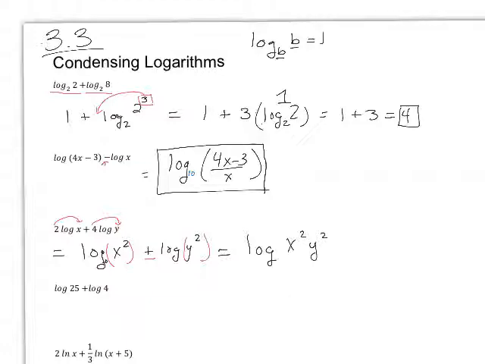Oops, I got ahead of myself here. That's not y squared, that actually should be y to the fourth. All right, so let's go ahead and fix that real quick. And this will be your final answer.